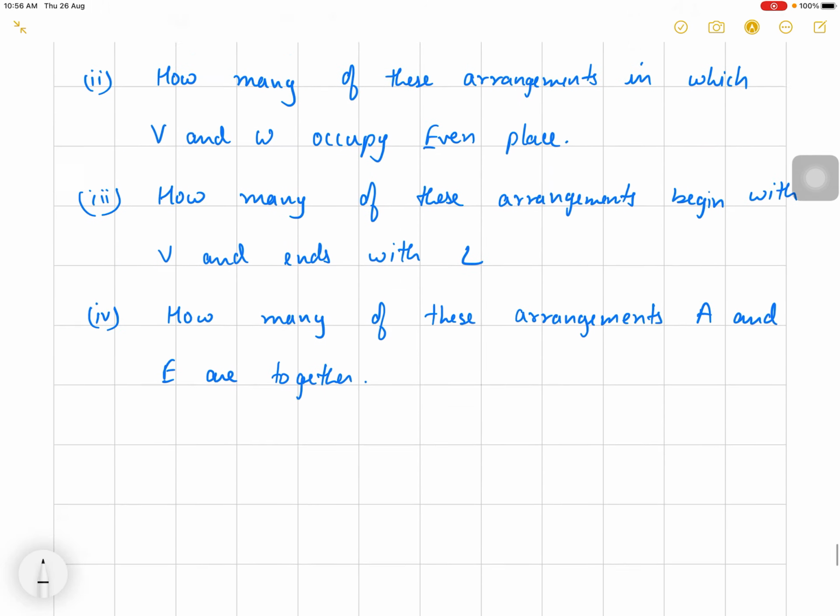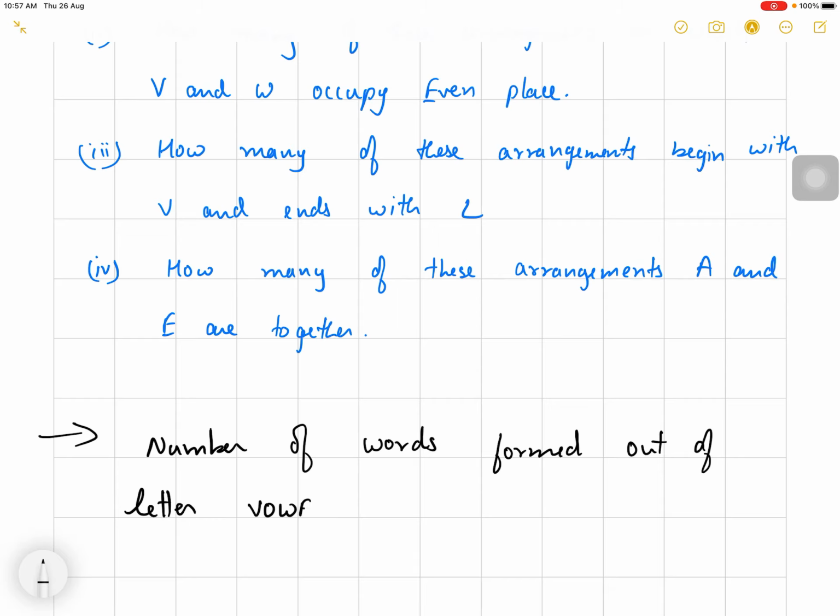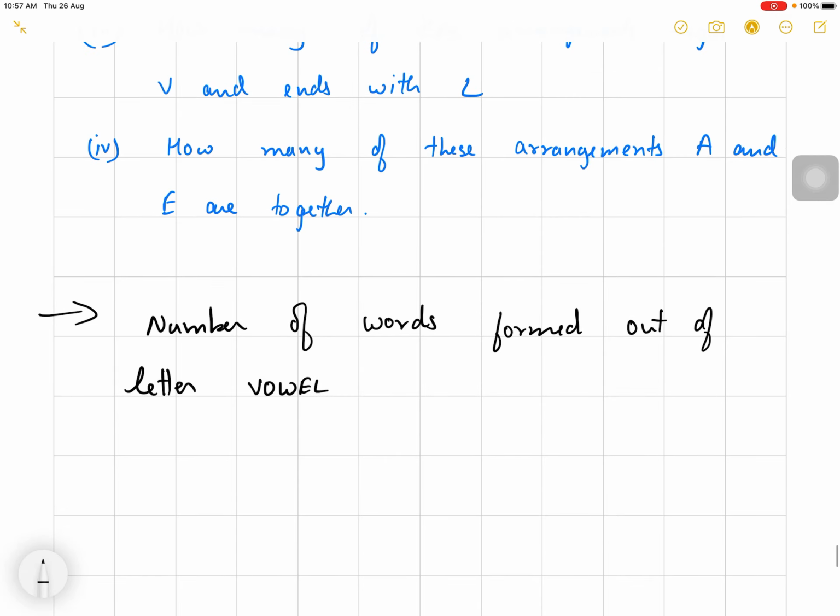Okay, let's solve. Number of words formed out of letters of VOWEL. So, n is equal to 5 and r is equal to 5.